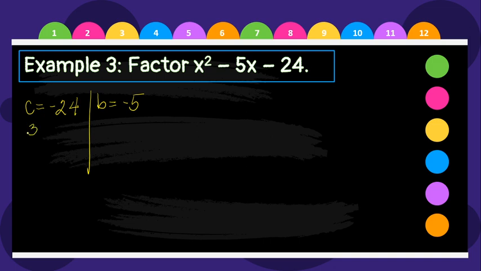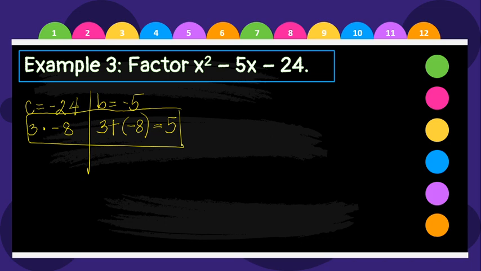Okay, let's start with, how about 3 times negative 8. When we add this, we have 3 plus negative 8. The answer is negative 5. So this is what we need.